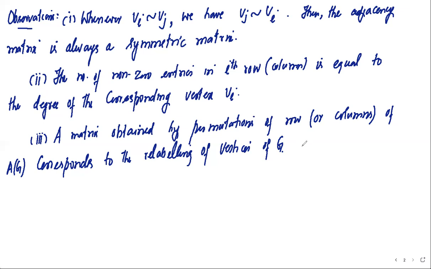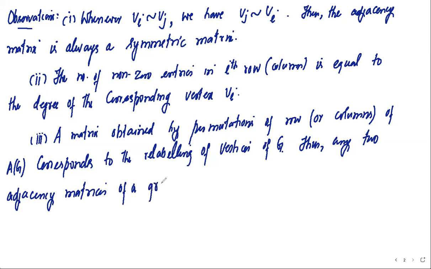So thus, any two adjacency matrices of a graph G are permutationally similar.